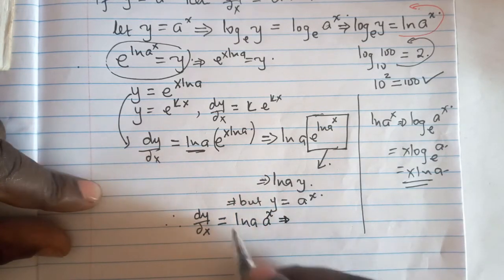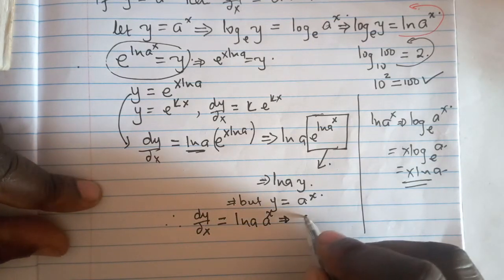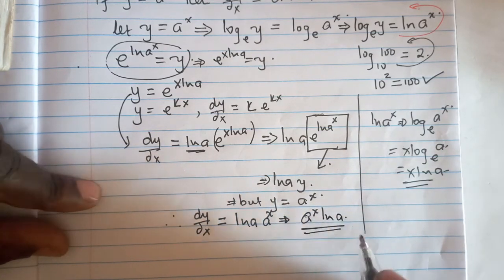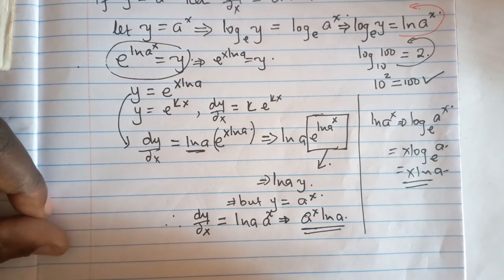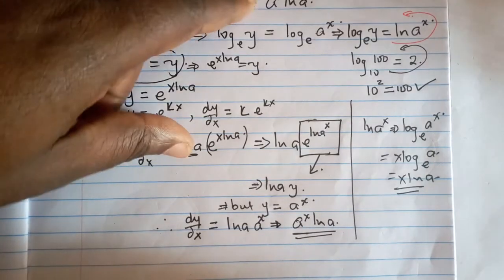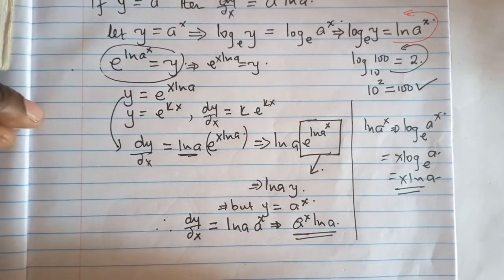You just have to rearrange this so that the ln does not seem to affect a raised to power x. This is a raised to power x ln a, and that is just what we are supposed to show. It has been proven that the derivative of a raised to power x is a raised to power x ln a.